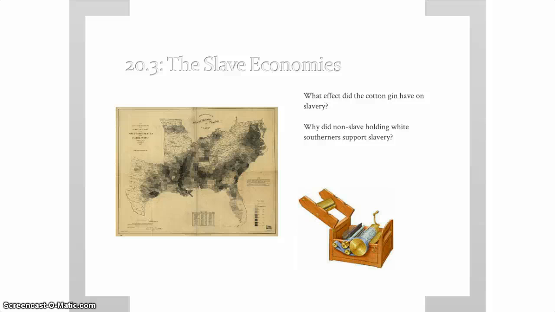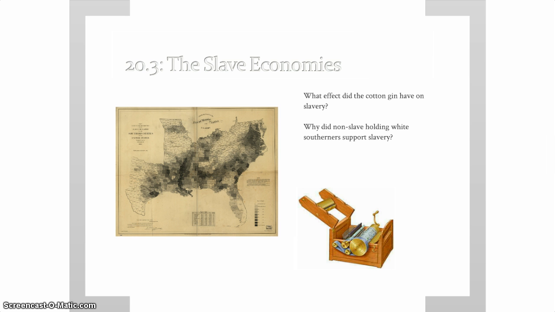This machine removed the seed of the cotton plant automatically, and ultimately was a lot more efficient when producing cotton. So ultimately, what plantation owners in the South did was they planted more cotton, which dropped the price of cotton, which ultimately made them a lot of money.